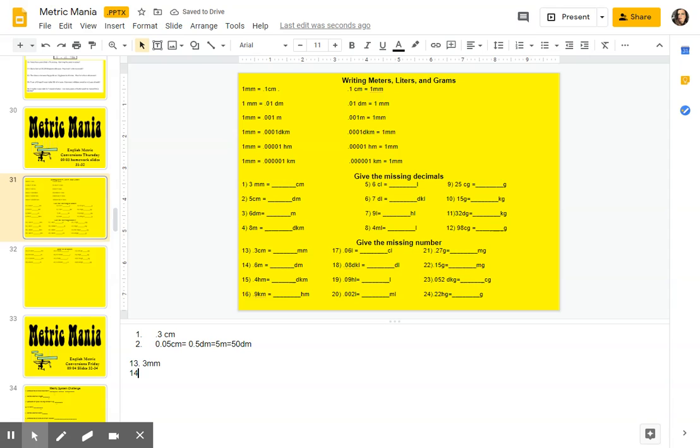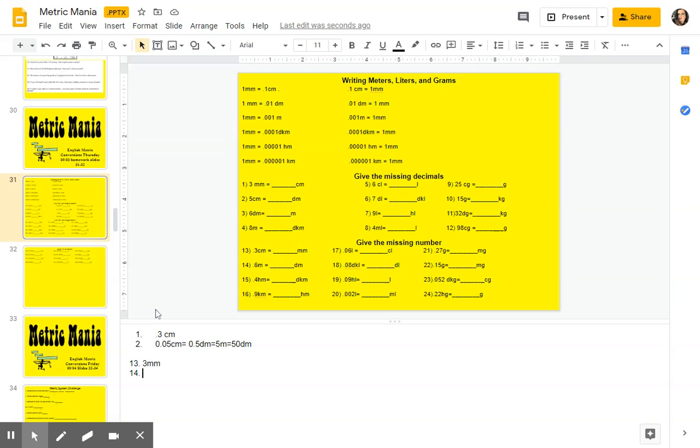6 meters to decameters. Okay, meters, 6 meters to decameters. Once again, I'm going to show you through this long step here, so that you can see how we come to our answer.